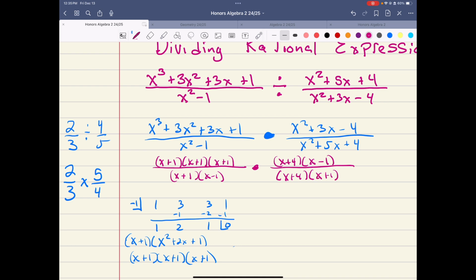So now we've got that all figured out. We've got an x plus 1 and an x plus 1, an x plus 4 and an x plus 4, an x minus 1 and an x minus 1, an x plus 1 and an x plus 1. So I think all I'm left with is x plus 1. Good. There's your solution.